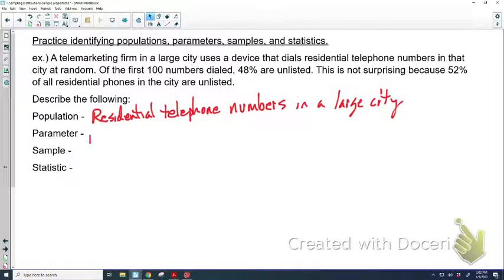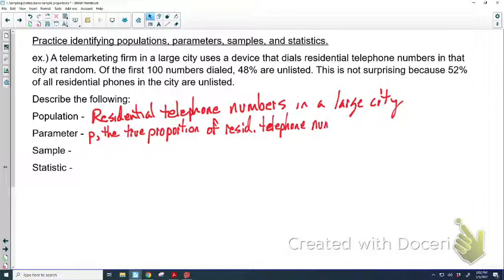I am interested in p, the true proportion of residential telephone numbers in a large city that are unlisted.